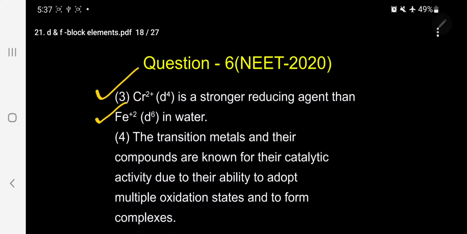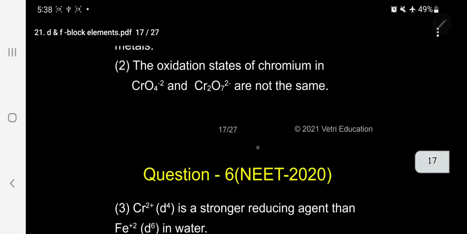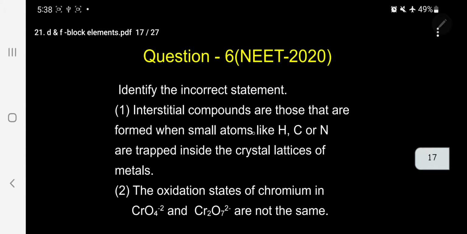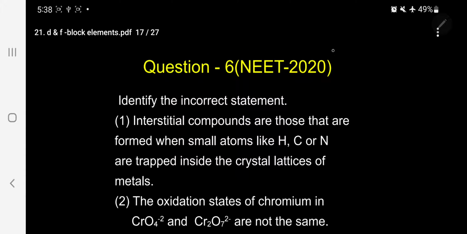And fourth, the transition metals and their compounds are known for their catalytic activity due to their ability to adopt multiple oxidation states and to form complexes. Kindly follow, my dear students. You have to carefully read the statements one by one, and then find out which is the incorrect statement.